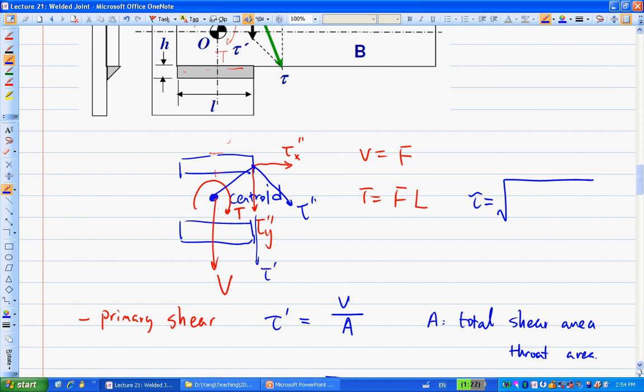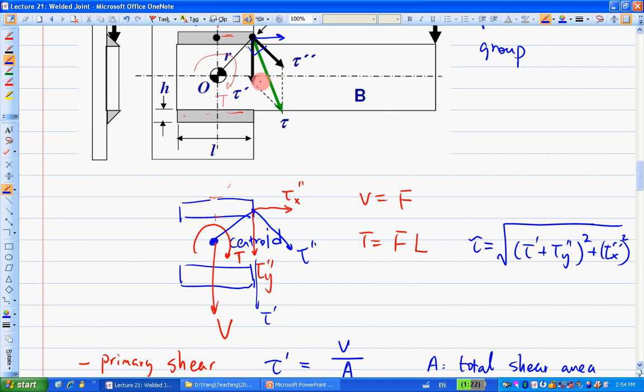So the overall tau will equal the square root of (tau prime plus tau y double prime) squared plus tau x double prime squared. That makes sense? Geometry-wise, if I give you two vectors and ask for the vector addition, it's not that easy to calculate.